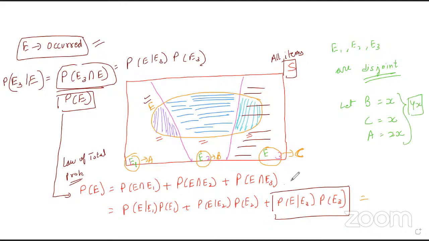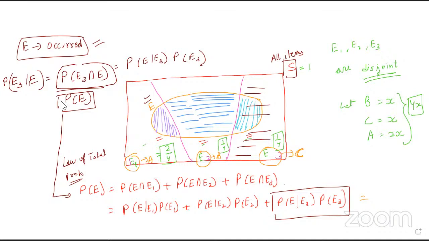The probability of E1 would be 2 by 4. For B it would be 1 by 4, and for C again 1 by 4. My complete sample space should have probability 1, and if you add all 3 you get 1. So I have partitioned my sample space into 3 parts.